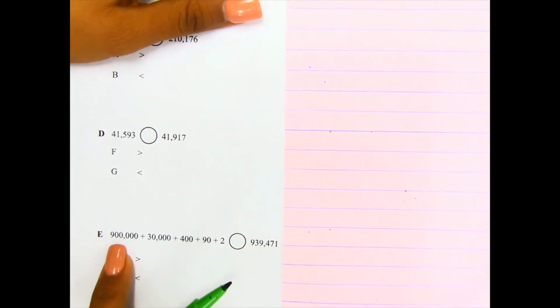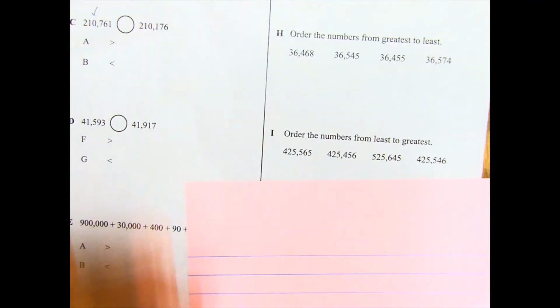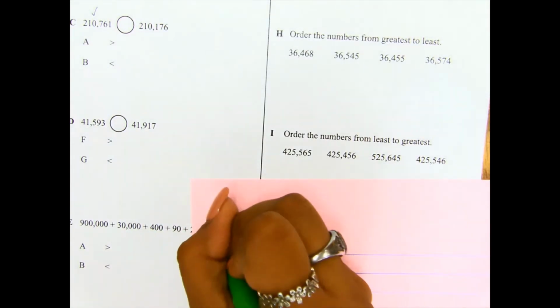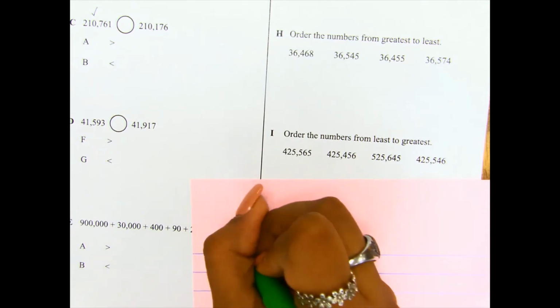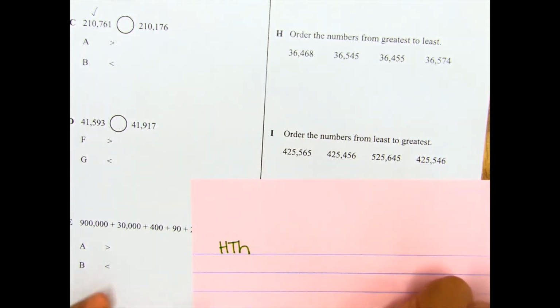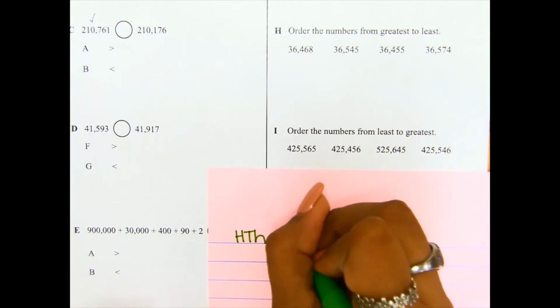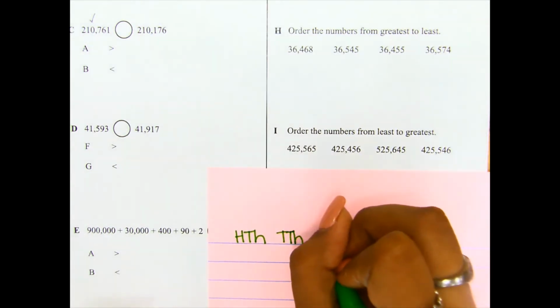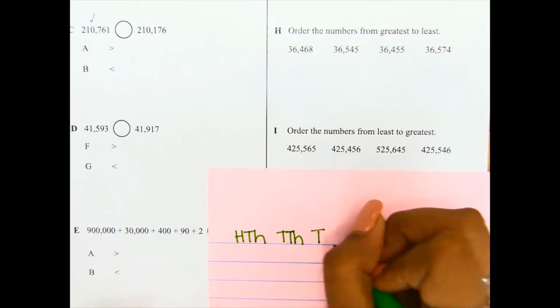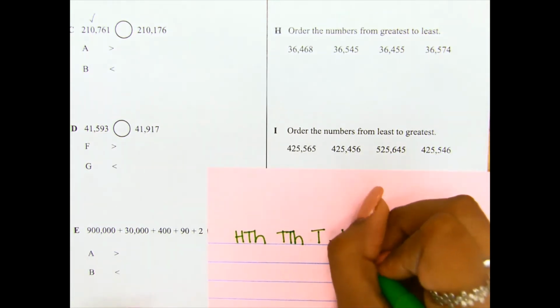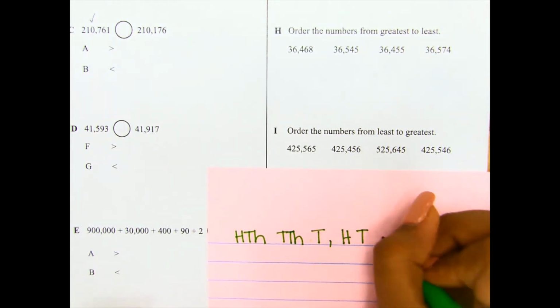So I am going to write my 100,000s. After I have my 100,000s, I have my 10,000s. Then I have my thousands, comma, hundreds, tens, and ones.